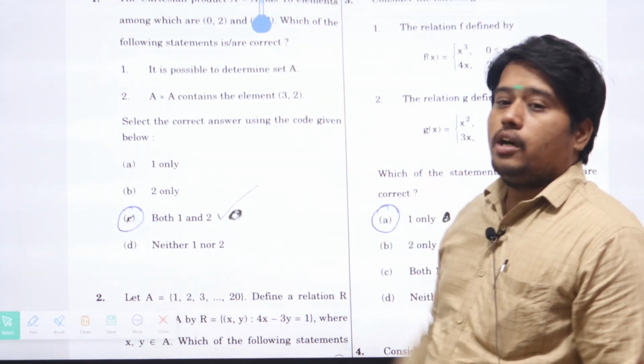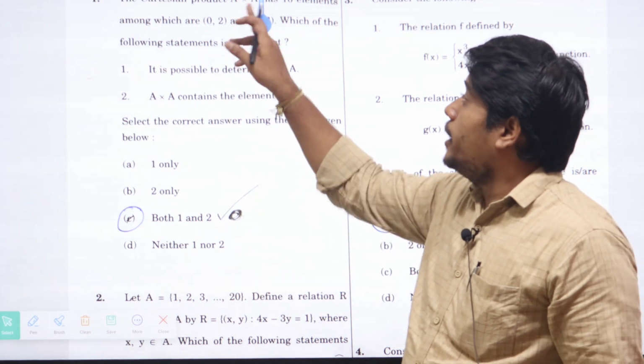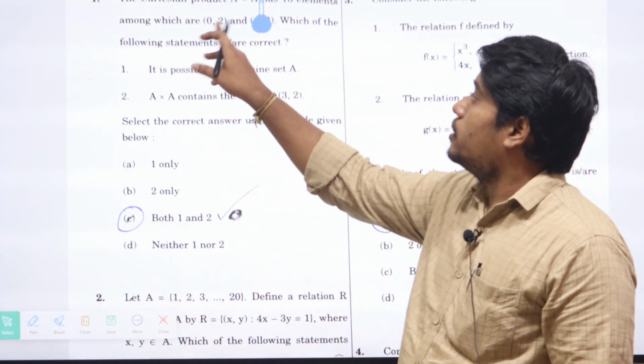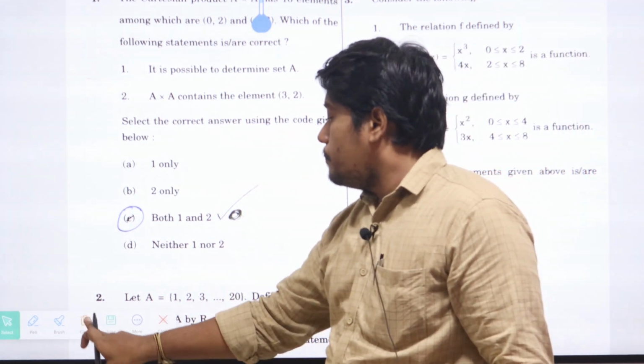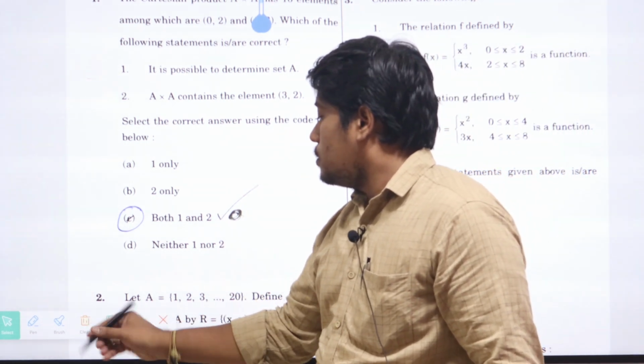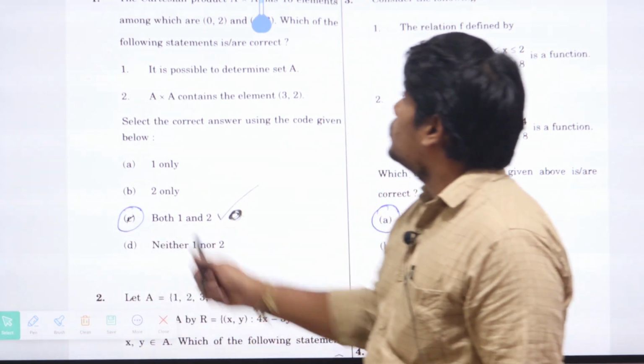Therefore, the set consists of 4 elements, since 4 into 4. So the set is 0, 2 and 1, 3.